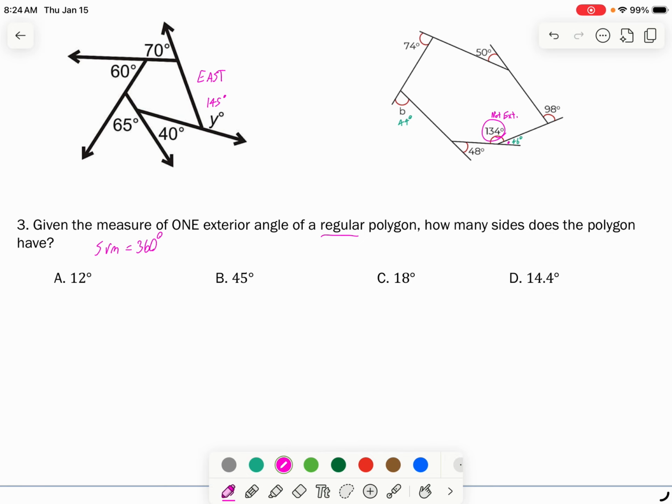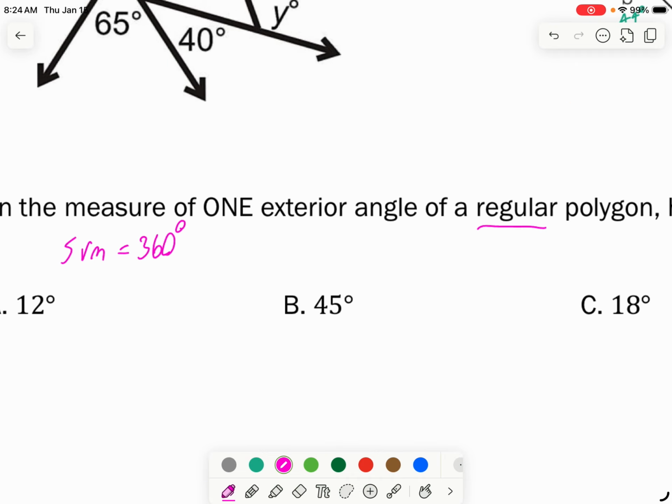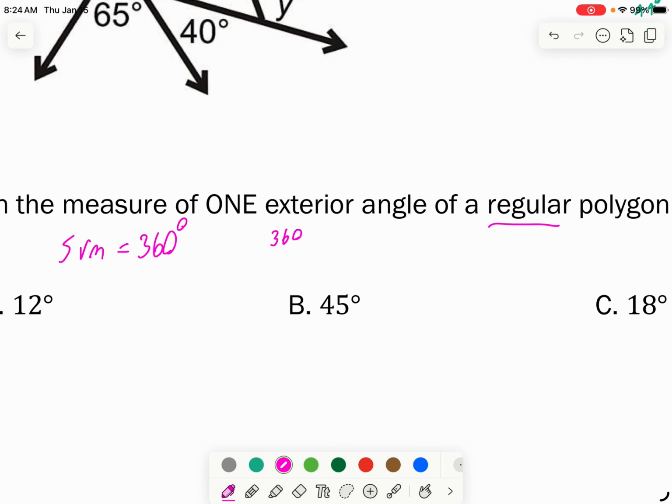So if I take 360 divided by n, where n is the number of sides, I get my exterior angle of a regular polygon.